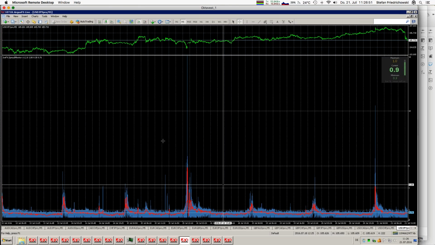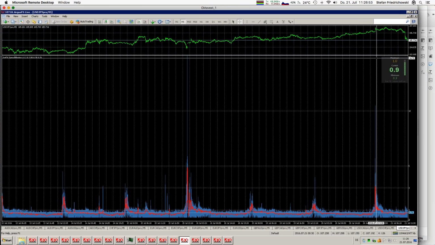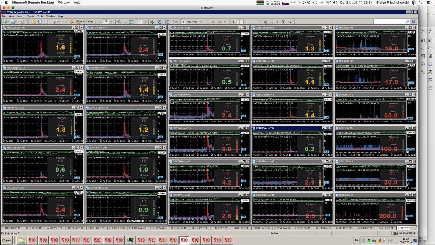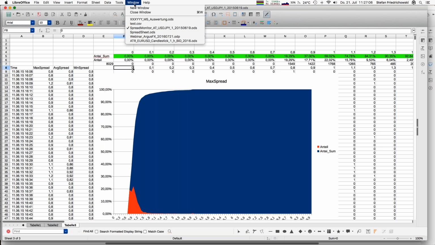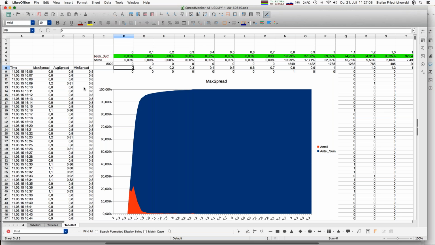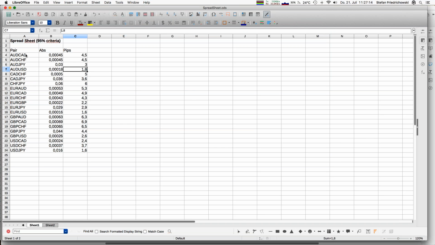I have prepared for you, and I repeat myself now, if you are interested in those values derived from those histograms and the 95% criteria, then I have a sheet here, and you can have it if you want. For all the 21 underlyings I have always been interested in.